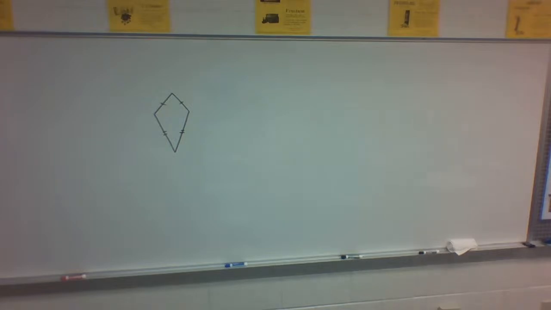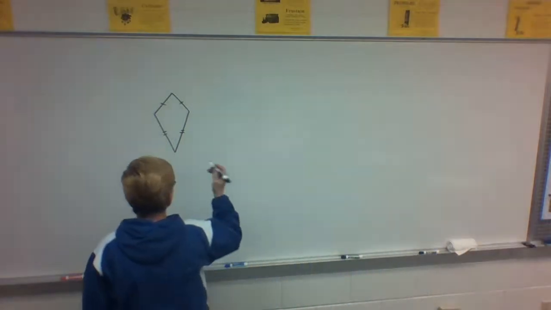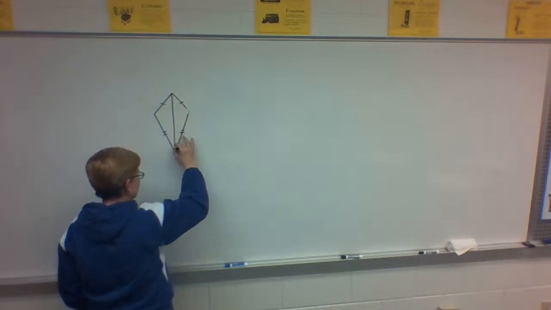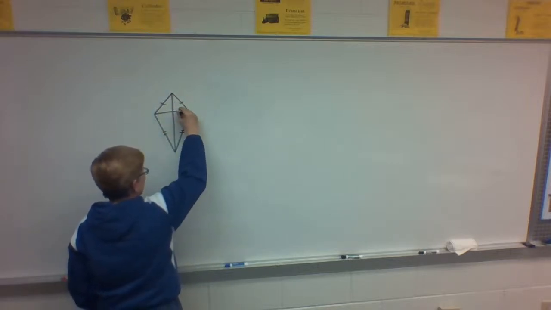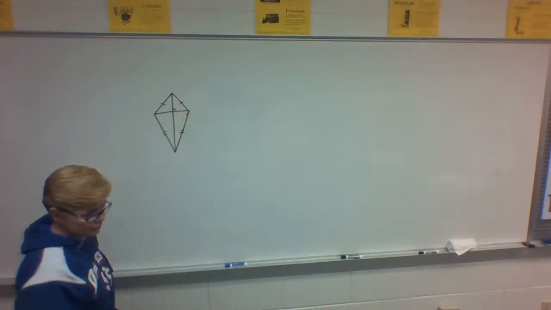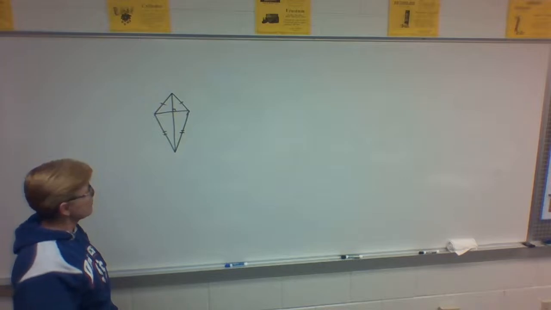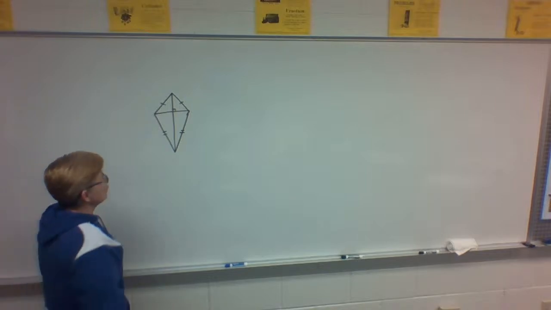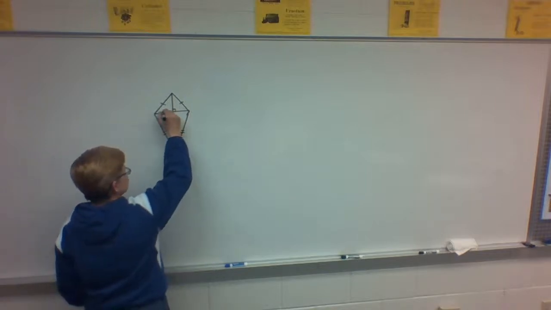In every kite that you ever draw, and I'm not going to prove it to you, I could, but I'm not going to, if you take this diagonal and this diagonal, they will always be perpendicular to each other. That's a really nice thing. They'll always be perpendicular to each other. And one of the diagonals will be bisected.